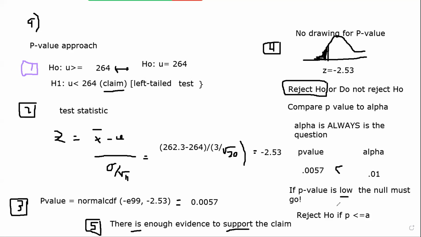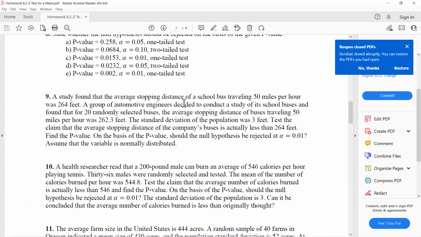So if it's higher, we don't reject it. So in letter C, this p-value is slightly bigger than alpha. So we do not reject the null hypothesis, okay?